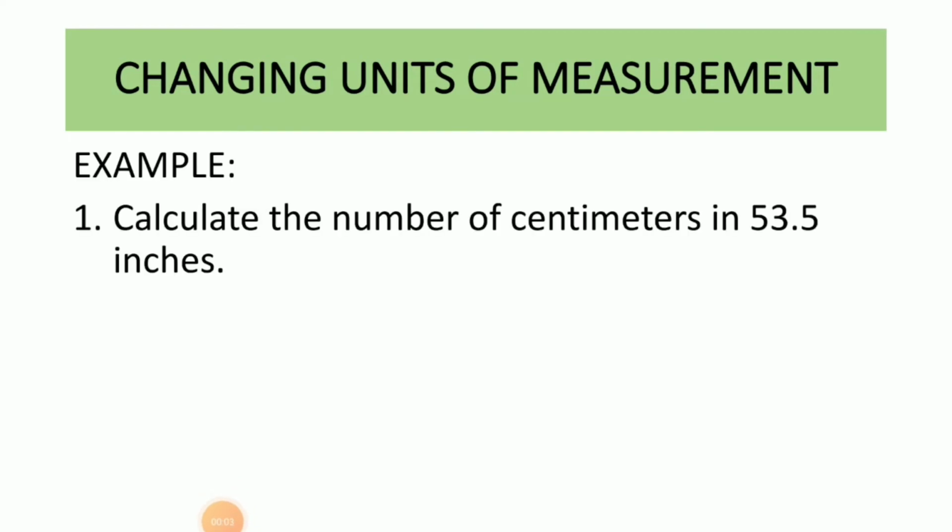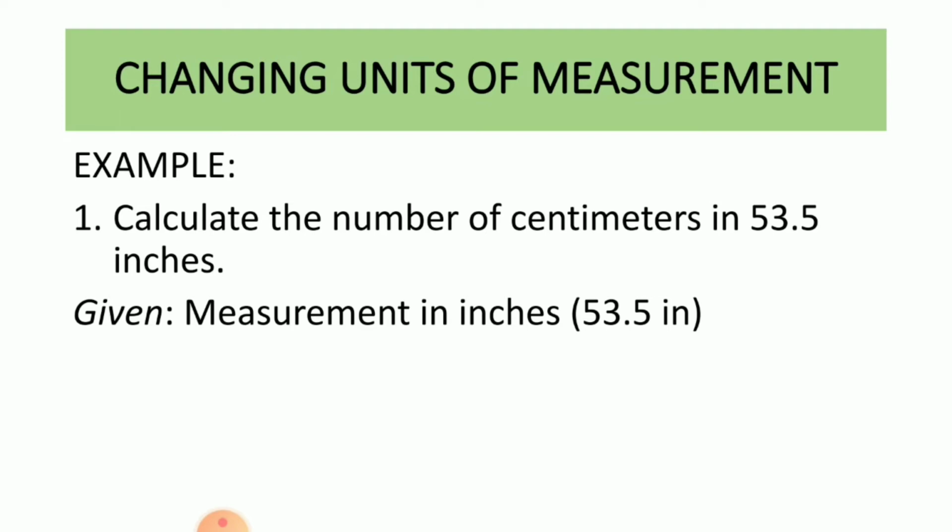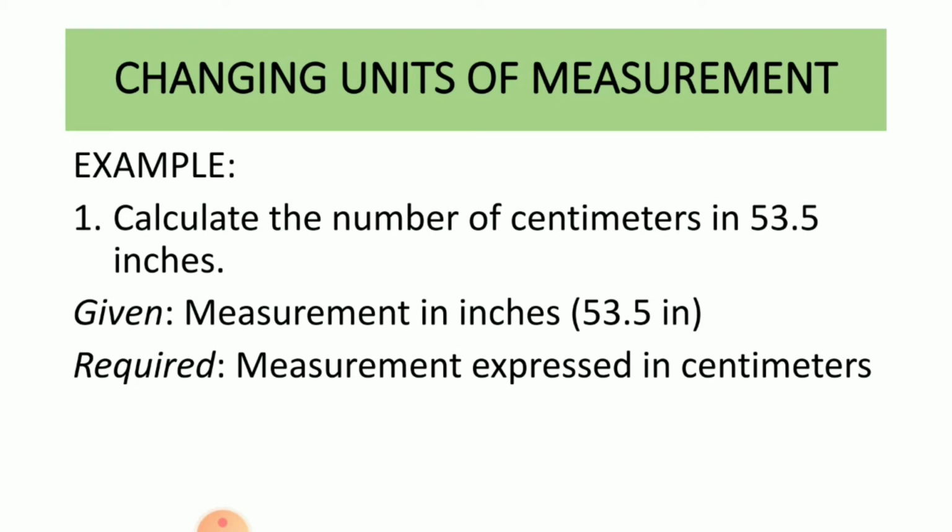Example 1. Calculate the number of centimeters in 53.5 inches. For the given, measurement in inches, which is 53.5 inches. Then for the required, measurement expressed in centimeters. Therefore, we will convert inches to centimeters.